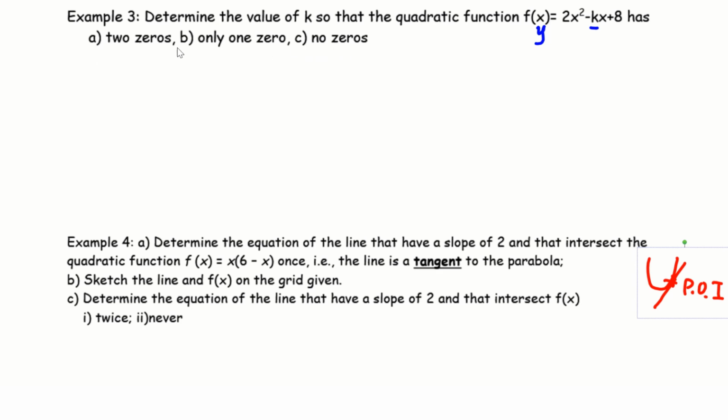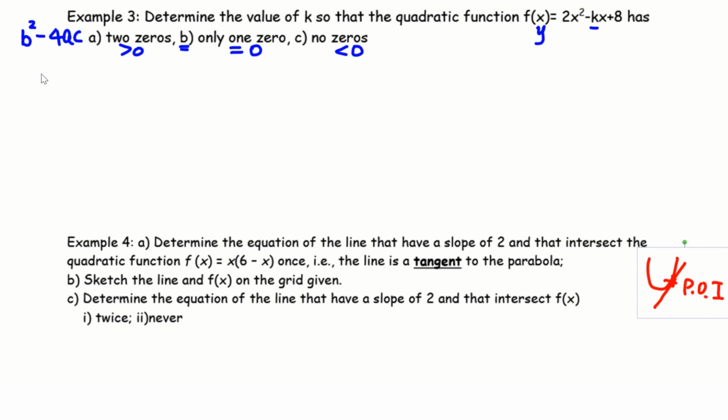So we want to start with only 1 zero, because we know 2 zeros corresponds to b squared minus 4ac greater than 0, and only 1 zero corresponds to b squared minus 4ac equals 0. This is an equation, so we want to start with the equation first, then do the inequalities. And no zeros means the discriminant is less than 0.